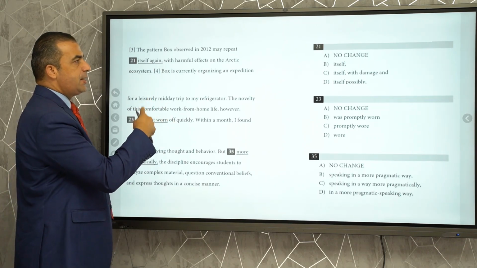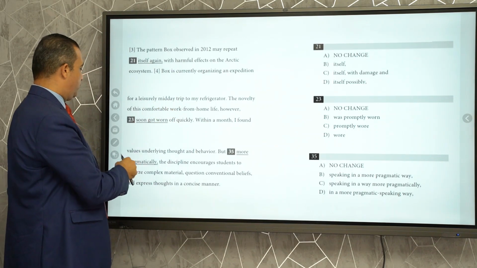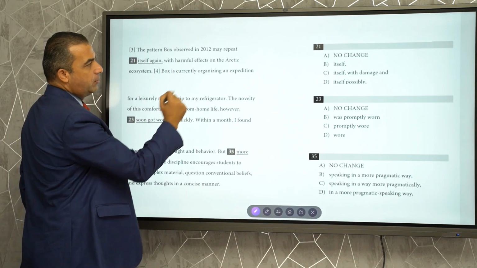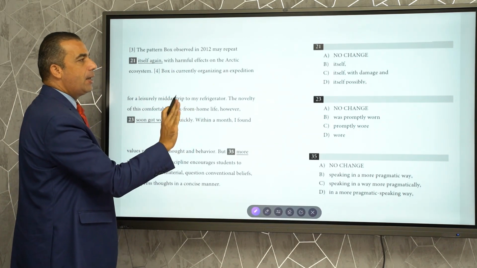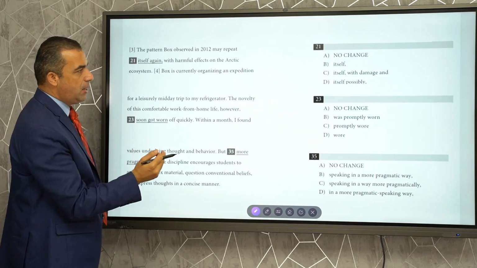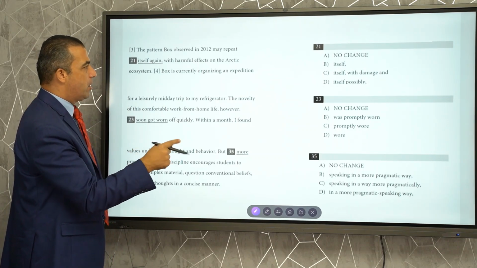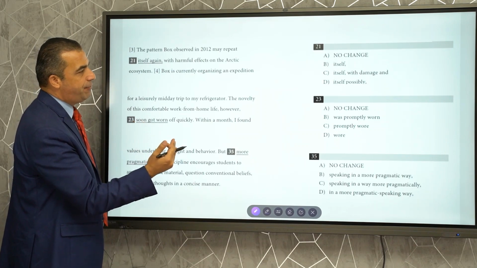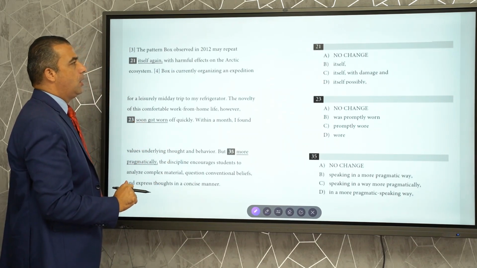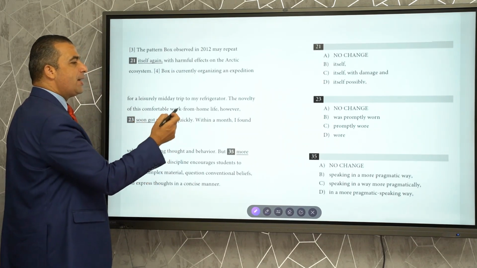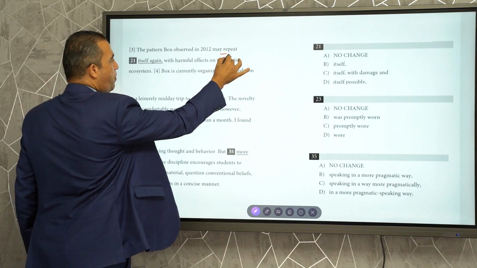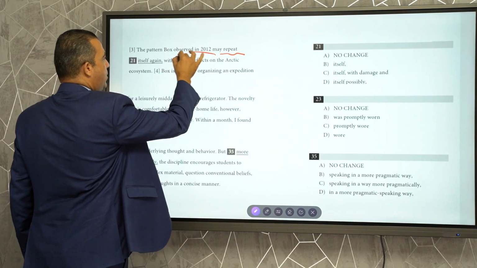Let's see the choices first. A, itself again. B, itself only. C, itself with damage. D, itself possibly. If you pay attention, you can see repeat and again.